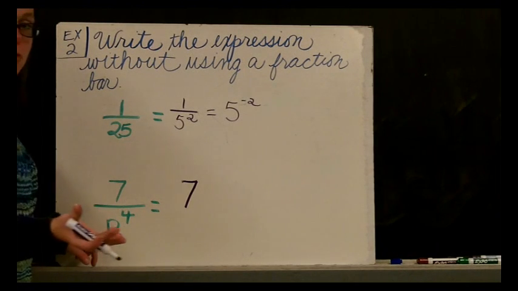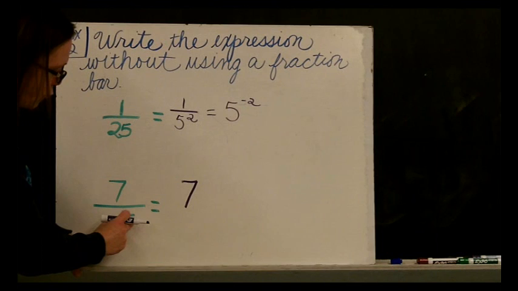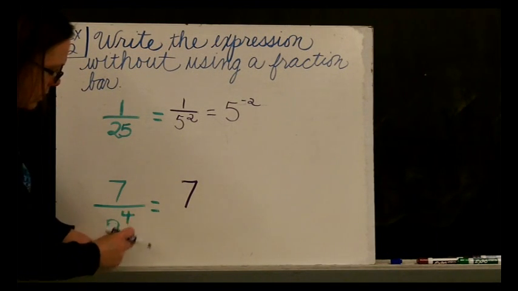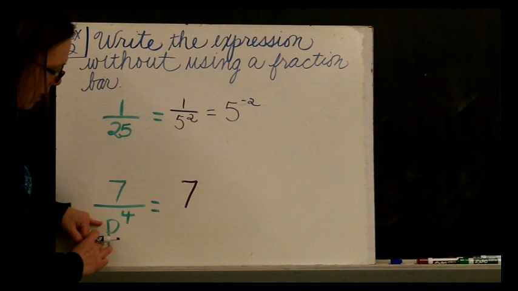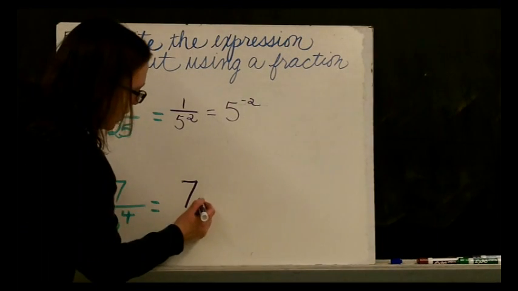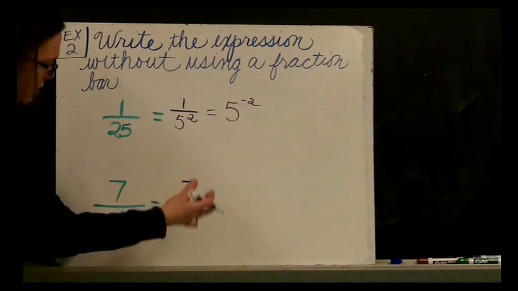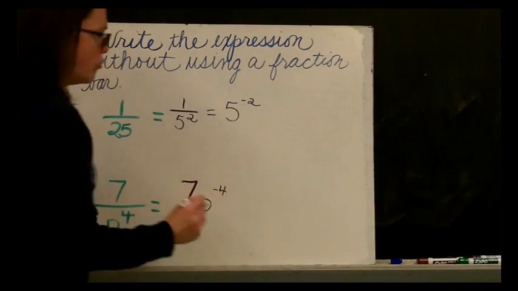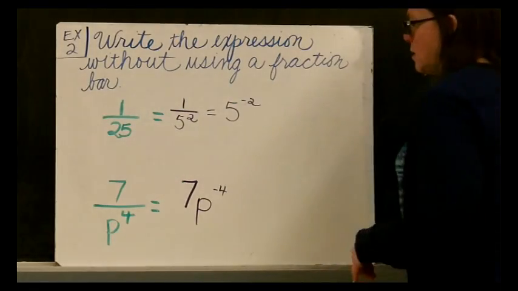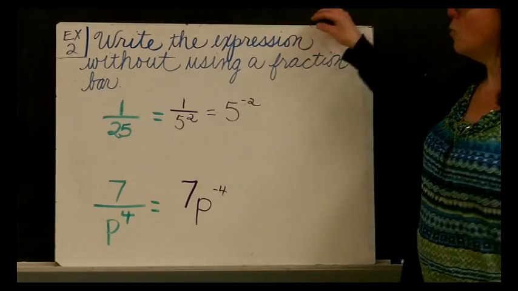The only difference is there's no fraction bar now. And here, this p to the 4th power, because it's sitting in the denominator of this fraction, tells us that without a fraction bar, it's expressed as p to the negative 4th power. So again, what we did here was we were working backwards from what we did in example 1.